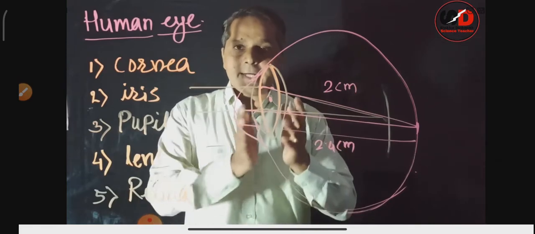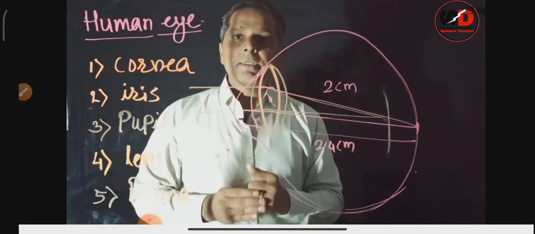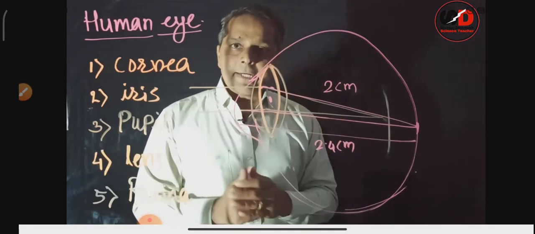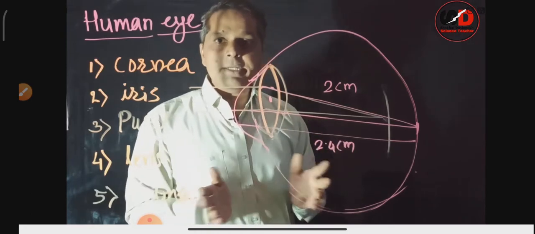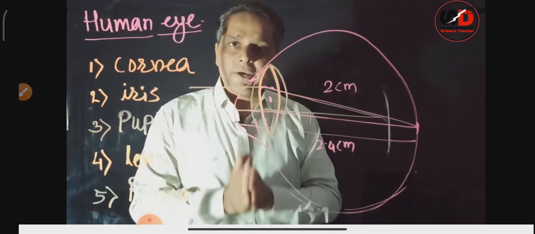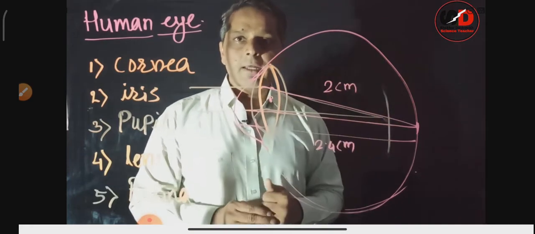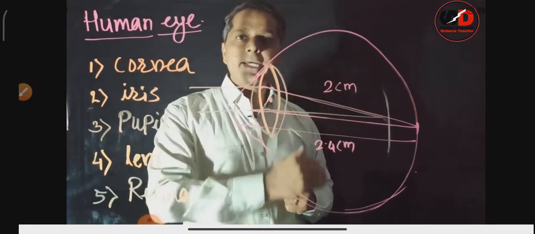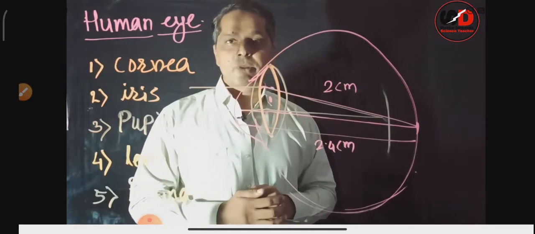So this fine adjustment of the human lens, that it can adjust the focal length by changing its shape in such a way that every time the image is formed on the retina, this is called the power of accommodation of the lens.